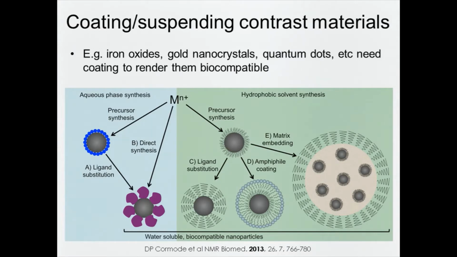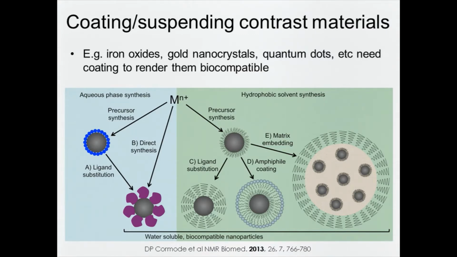If you start off with your metal ions, you can go through a route such as the Turkevich method to end up with citrate-coated gold particles, and then do ligand substitutions. That's what I just described. You can also directly synthesize nanocrystals with the polymer in question to create coated particles.